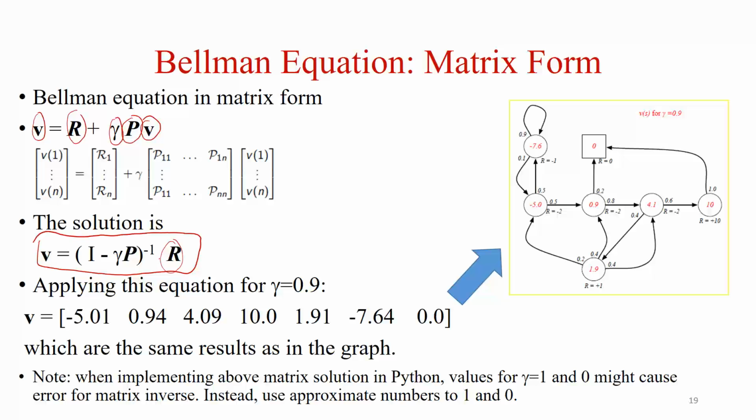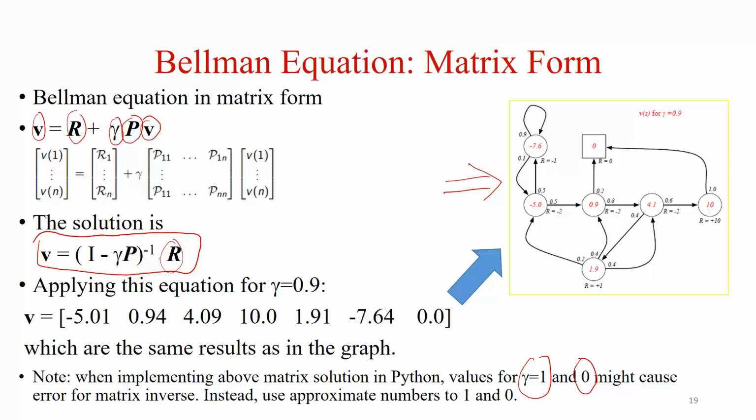Now, if you do the math, you can solve for the state values and plug in the numbers here. One mathematical note: if you are trying to implement this in Python and you want to use a discount value of specifically 1 or 0, you might run into some matrix multiplication and inverse issues.